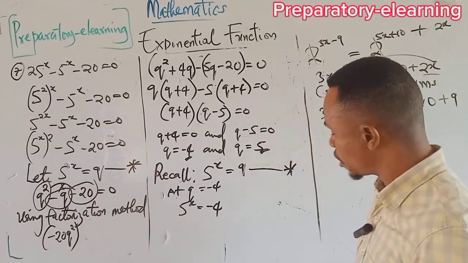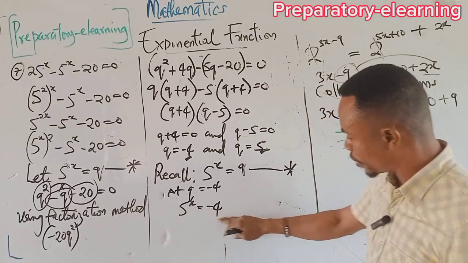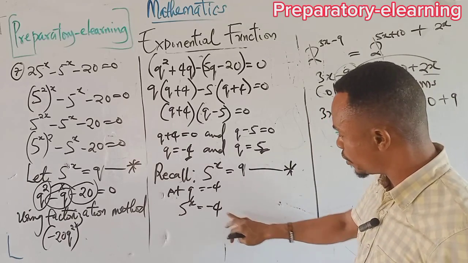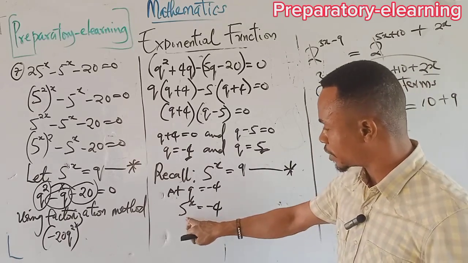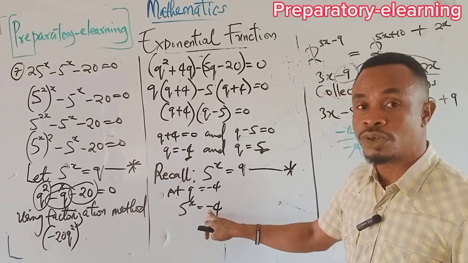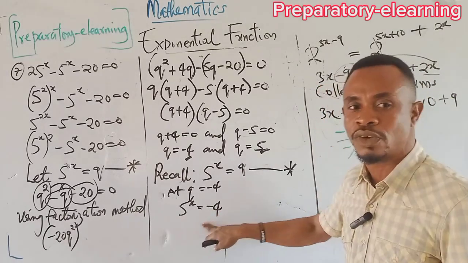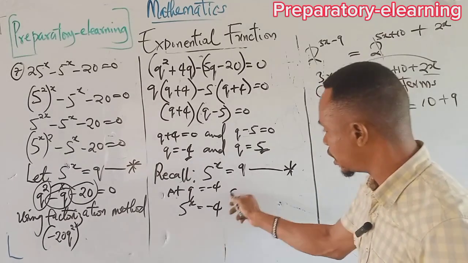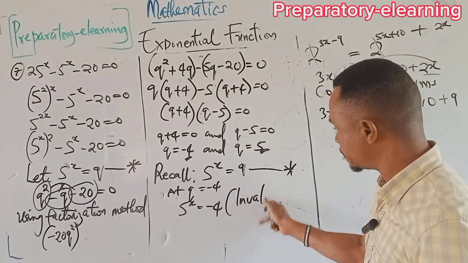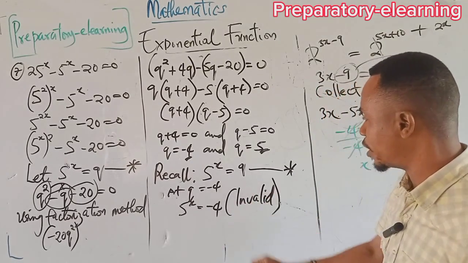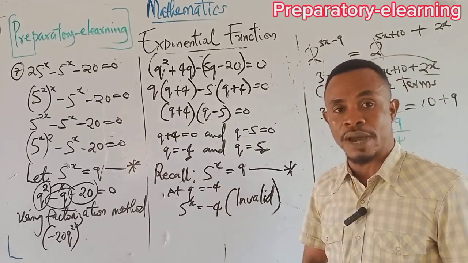Minus 4. You look at this exponential function very well. You can see there's no way you can reduce this 4 to be like this. And here is minus. It looks complex. When you come across this, it's a complex way of solving it. You just say this is invalid. This cannot be solved for the first value of q equals to minus 4.